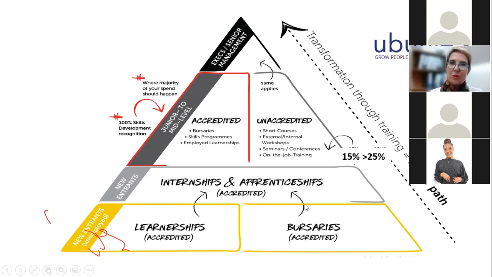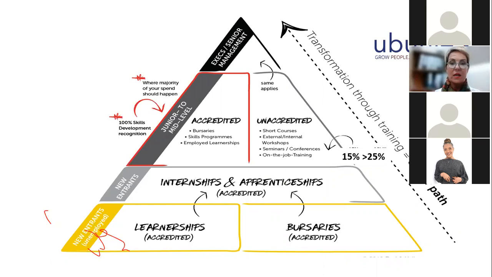Then also bursaries. You can apply for funding through your CETA, but to support your BBBEE strategy, you can also bring in opportunities of bursaries that you make available to unemployed learners or unemployed graduates that are still studying at tertiary institutions. Another level is where we usually say, let's bring in interns.